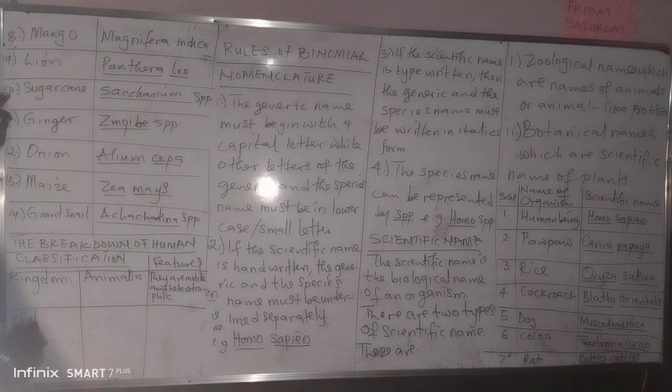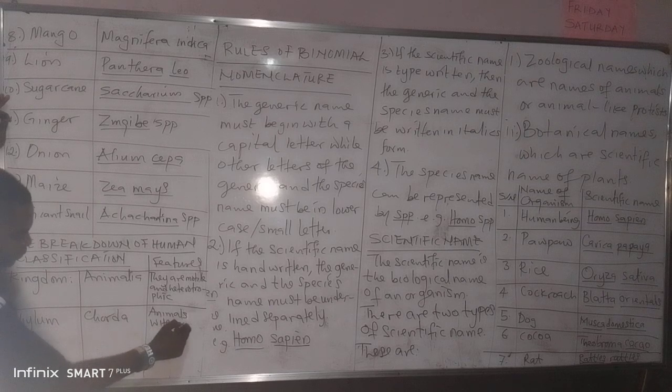We belong to the phylum Chordata. These are animals with backbone or notochord. Notochord is the backbone that an embryo has, the embryo of human being or any vertebrate. The one that is present in the backbone of fishes that you eat, they are notochord. Then after phylum we have class.